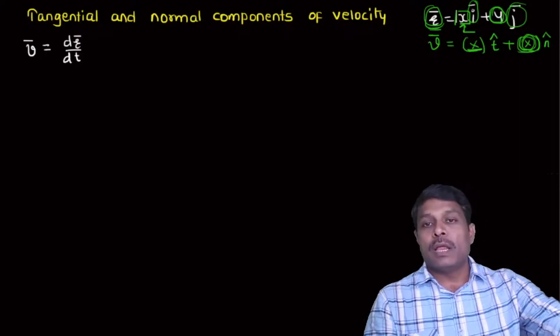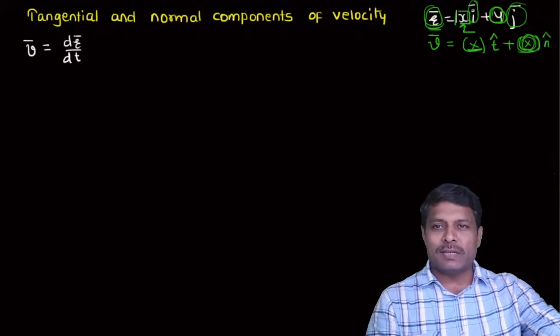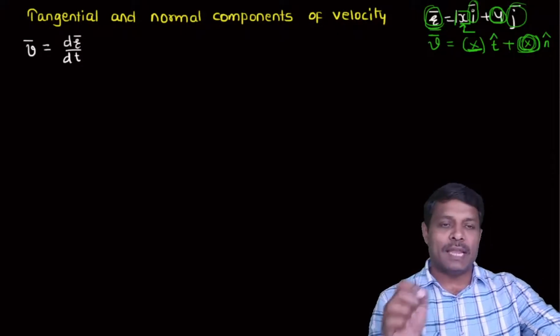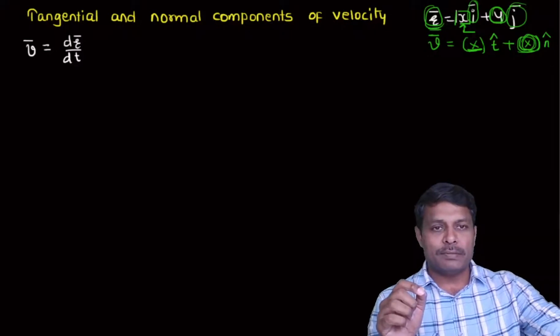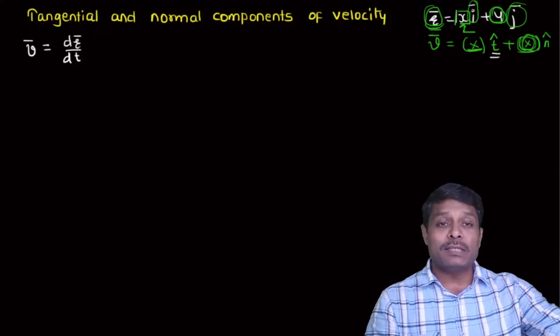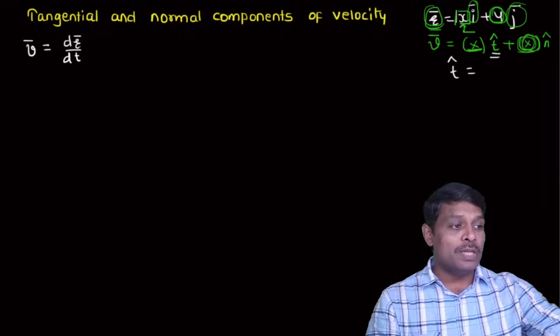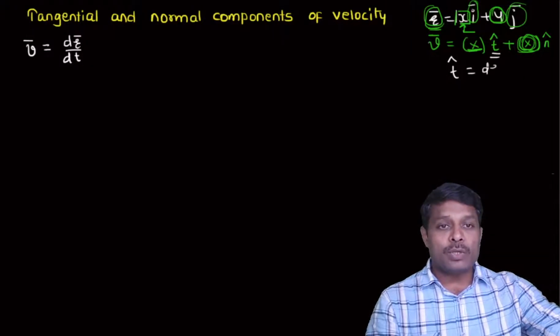Now I have to manipulate this derivative so that I will get t cap and n cap. Can you tell me what t cap is? T cap is a unit tangent vector, and we have already proved this, and the unit tangent vector is nothing but the rate of change of r bar with respect to arc length s, that is dr bar by ds.